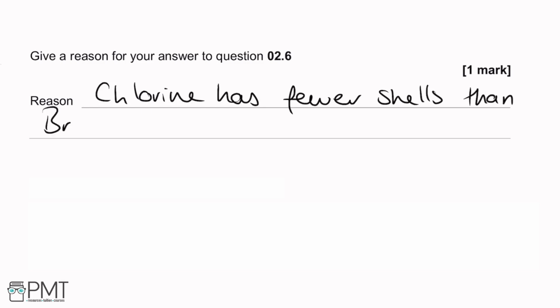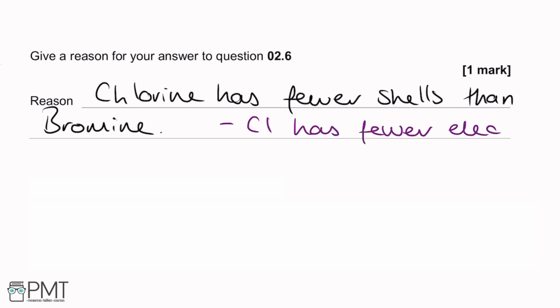There were alternate answers on the mark scheme, which included things like chlorine has fewer electrons. That's still a valid reason. Or obviously you could have said the opposite, but for bromine. So you could have said bromine has more shells than chlorine, or bromine has more electrons than chlorine. The other thing you could have said was to be a bit more descriptive.